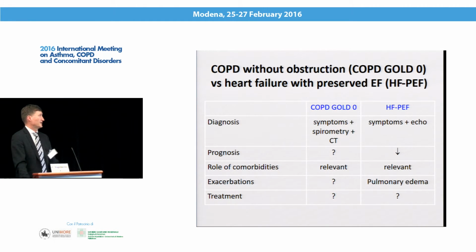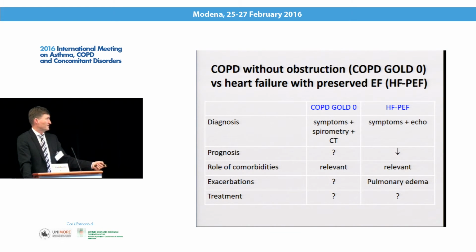So to summarize what I've shown to you, when we compare COPD GOLD 0 with heart failure with preserved ejection fraction, the diagnosis of COPD is based on symptoms and spirometry and risk factors and CT scans, whereas the diagnosis of HFpEF cannot be made without a good echocardiography. So without echocardiography, there's no chance that you will be able to make the diagnosis.